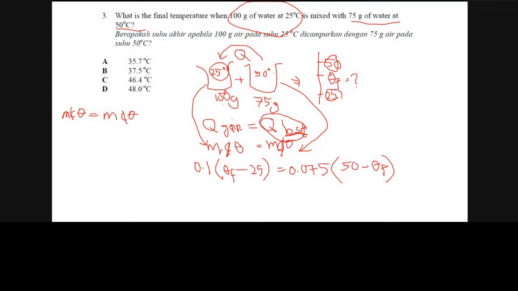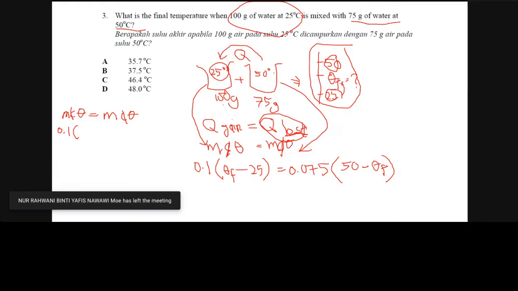Mass ni 0.1 kg. Okay, theta. Theta ni, kalau you tengok balik dekat this one. Theta untuk air sejuk tadi. Apa ni? Air sejuk daripada 25, dia akan naik ke something.